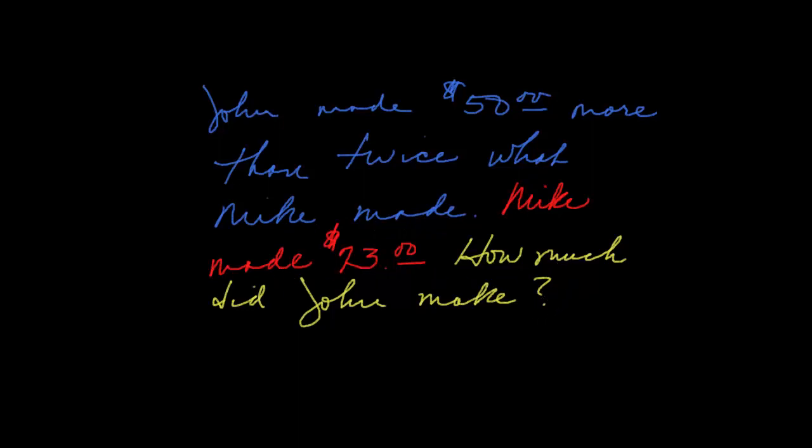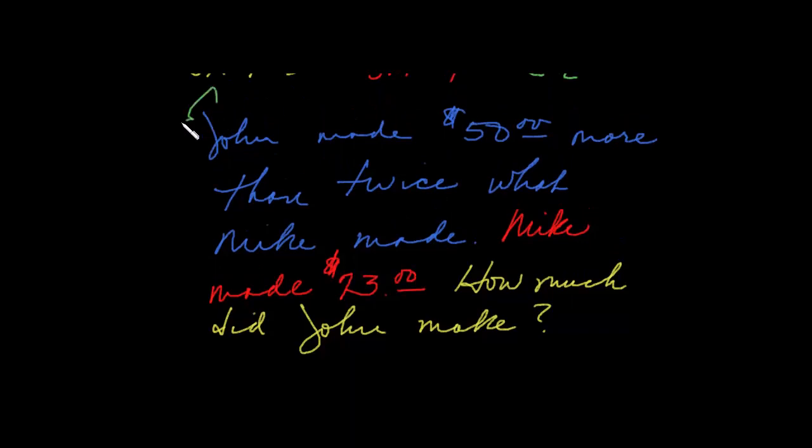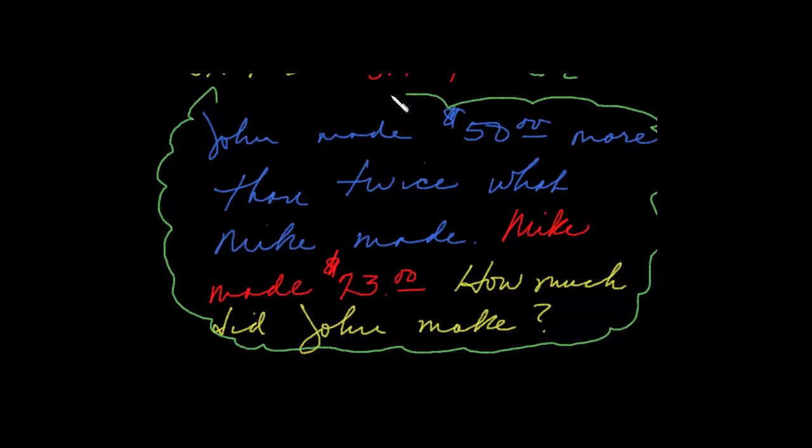Now, the obvious thing here is that if you have this entire problem presented to you as a complete package, as it is here, clearly you have a few choices about how to find out how much John made.